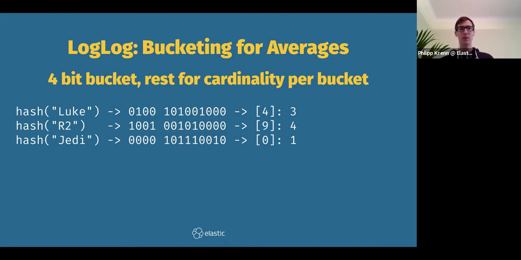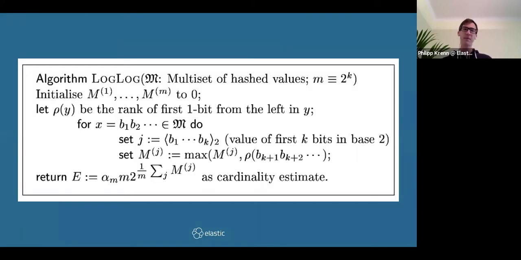Here, for example, I use 4 bits for the buckets, and then you just count the maximum number of leading zeros you have seen per bucket. And then you average those out. That's the entire idea of log-log: you average out those different buckets, and then you have a more exact calculation of the unique values. And that's the general algorithm described in the paper. This is just pseudocode for how to put that together.